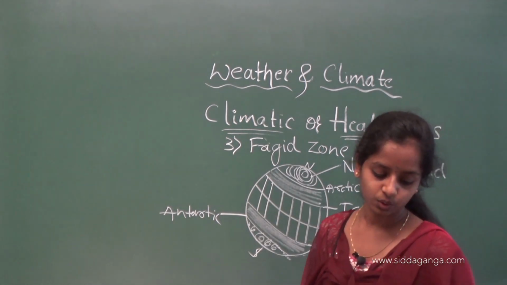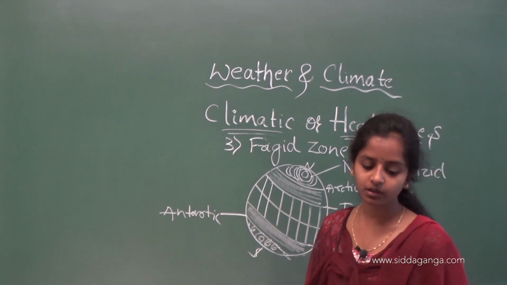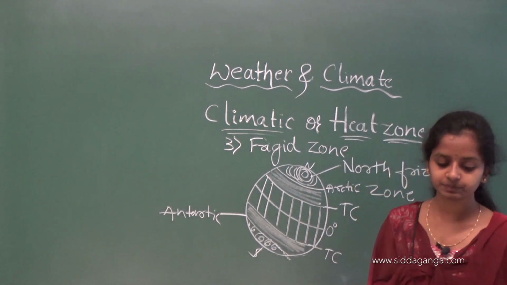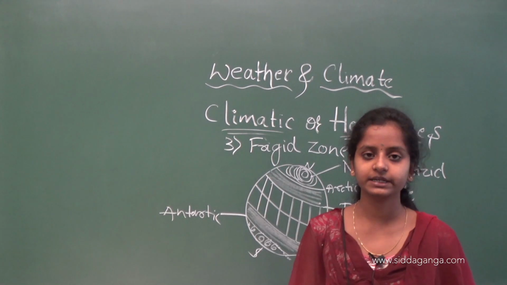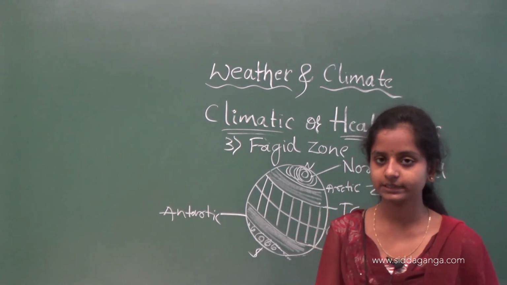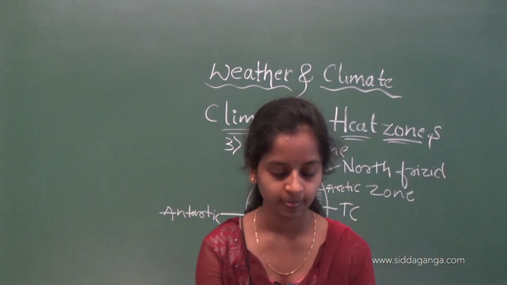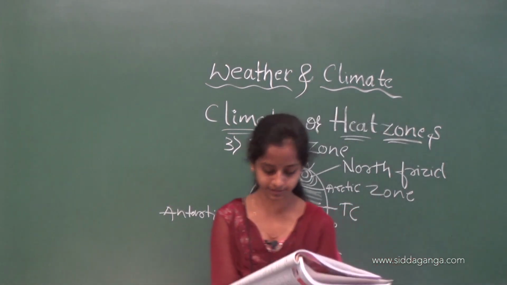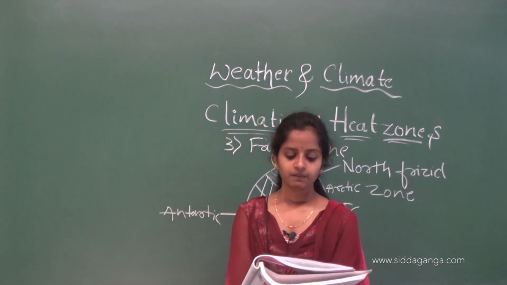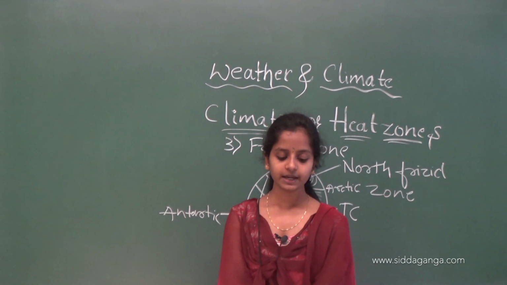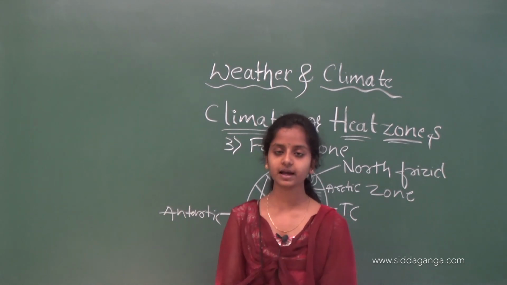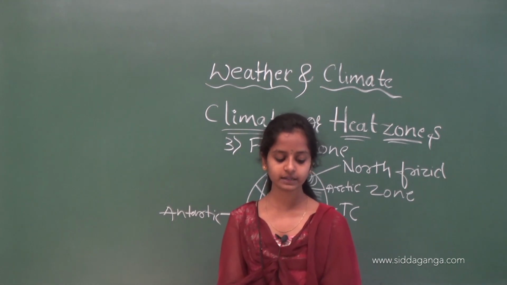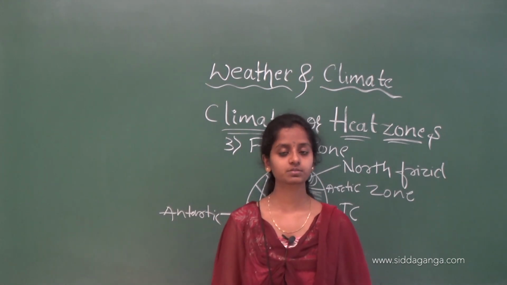Okay. Now, here they have given a recap. We will recap what we have studied in all the classes about weather and climate. Weather is the condition of air temperature, air pressure, wind, humidity and rainfall at a given time and a place.